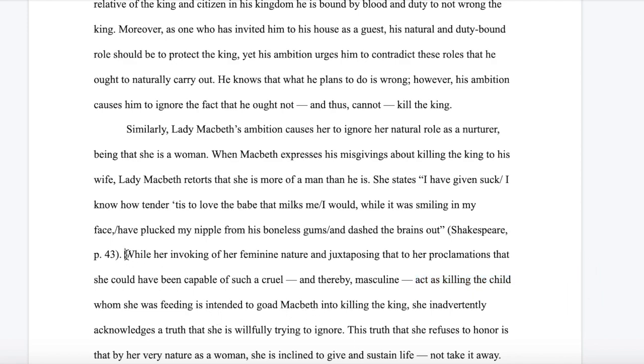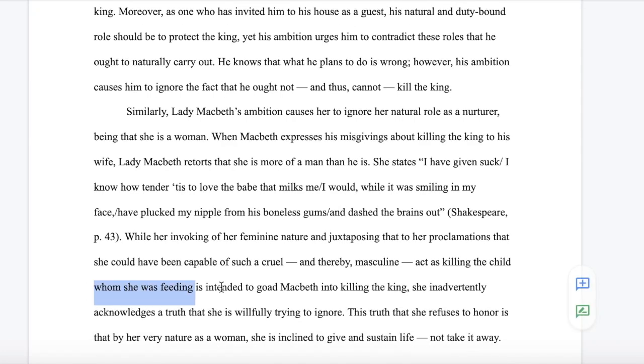So I tell you what she meant by this quote and what it was intended to do. She's taking her feminine nature and allowing you and Macbeth to view it side by side with something she says she would have been able to do, which was kill a child, which would make her more manly. This is intended to make him want to kill the king.